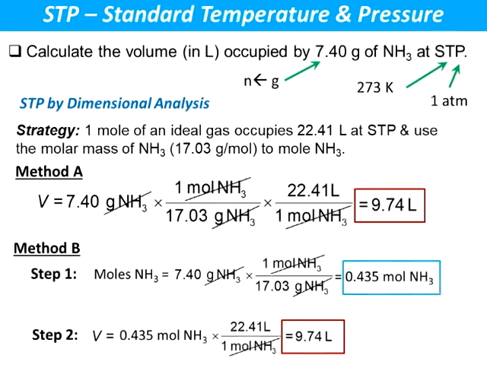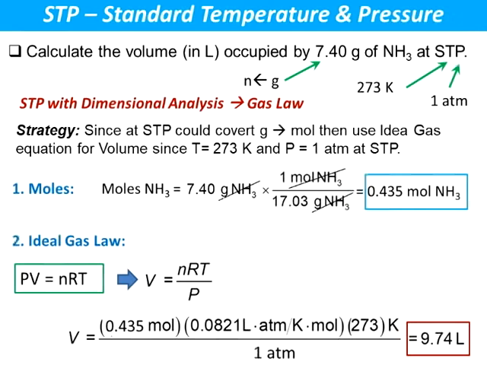And that gives us 0.435 moles of ammonia. We would then take the moles of ammonia and convert it to liters using the standard 22.41 liters. So essentially, method B divides method A into 2 steps, but it is otherwise exactly the same.